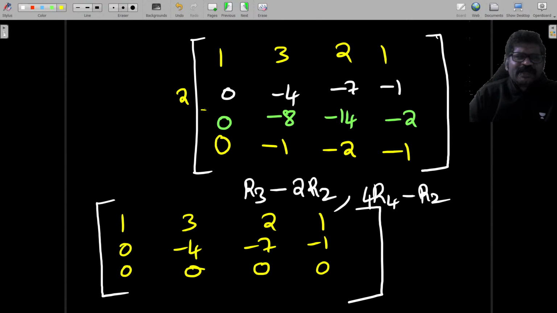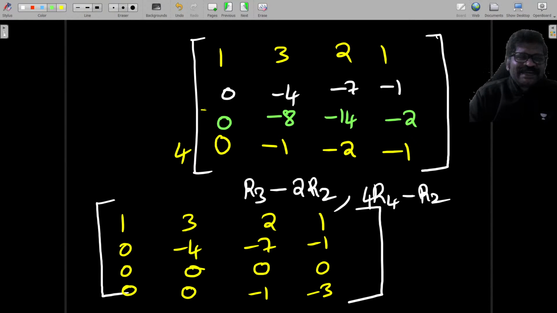Next, by applying 4R4 minus R2: 0 minus 0 is 0, minus 4 plus 4 is 0, minus 8 plus 7 is minus 1, then minus 4 plus 1, that is minus 3.